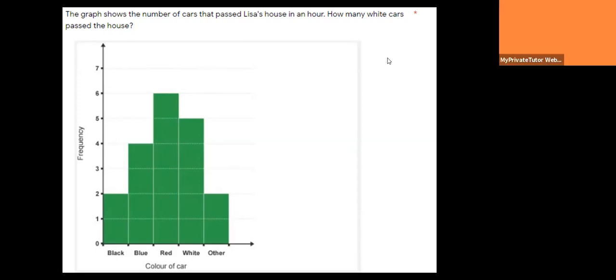Yeah, I think you both answered correctly. Very good. I haven't explained much about bar graphs, because these types of questions look very straightforward, isn't it? Yes, sir, very easy.